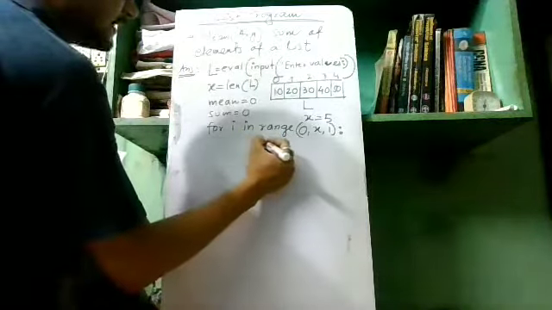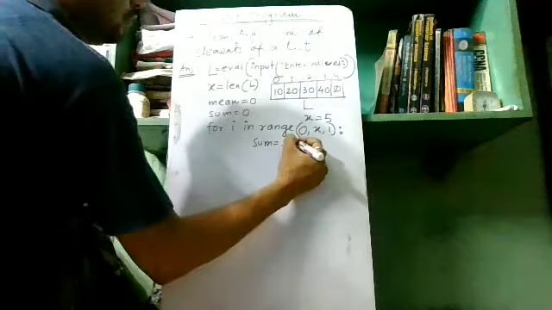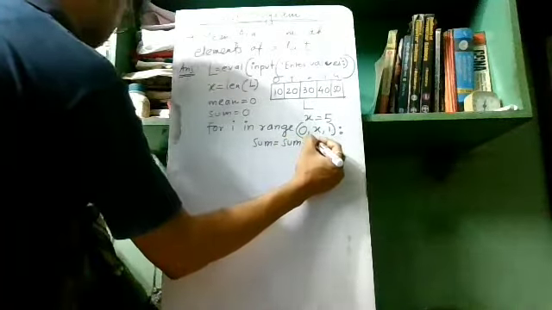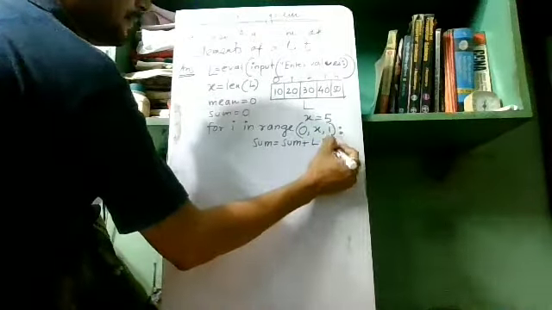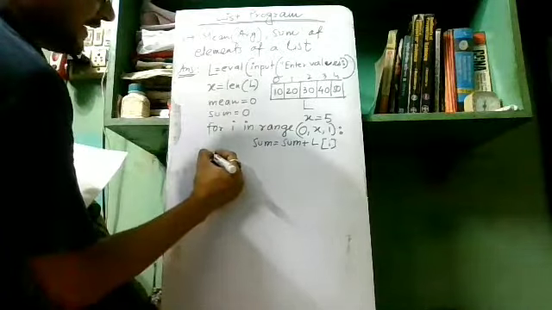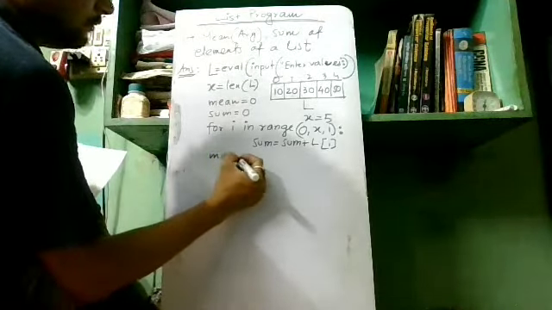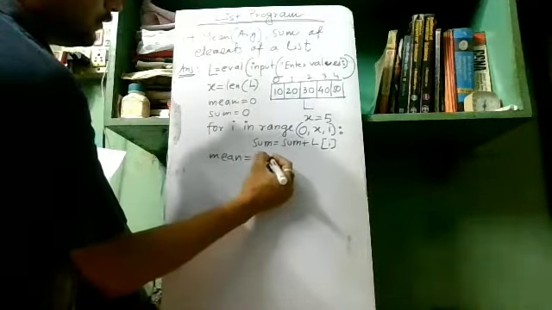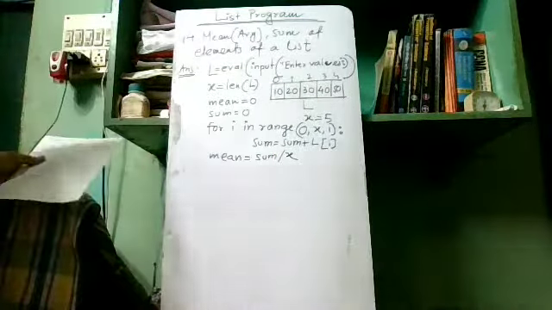Then we are writing sum equal to sum plus Li. Out of the loop we are coming, we are writing mean equal to sum by x.